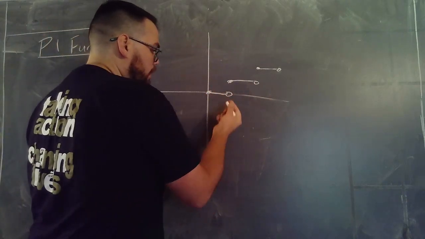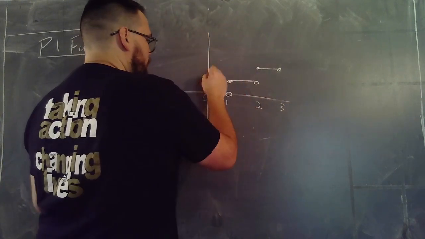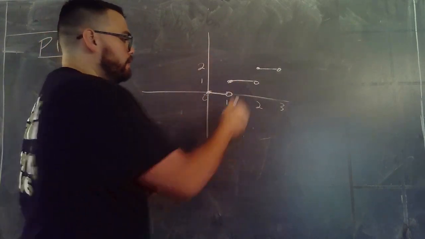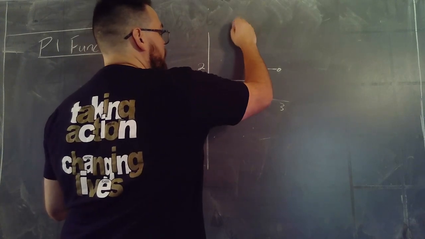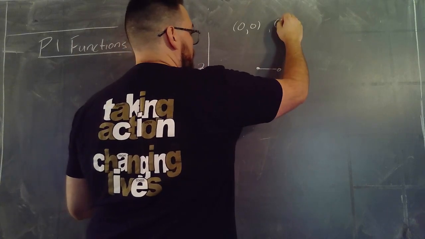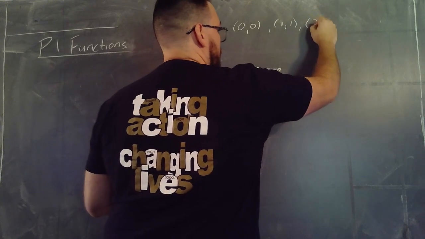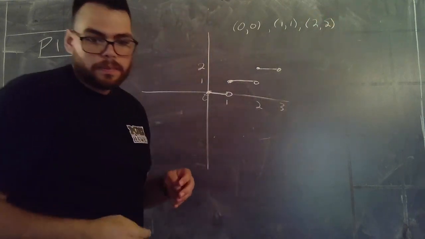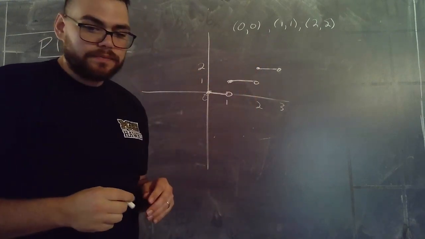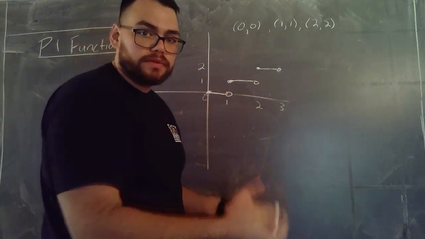Each one of these, let's call them by 1, so this is 0, 1, 2, and 3. If we look, and then 1 and 2, if we actually look at this and we map it, we can go, these are our coordinate points here. So those are the coordinate points for this on each of those points there. We don't see this point here because it's not a part of our function.